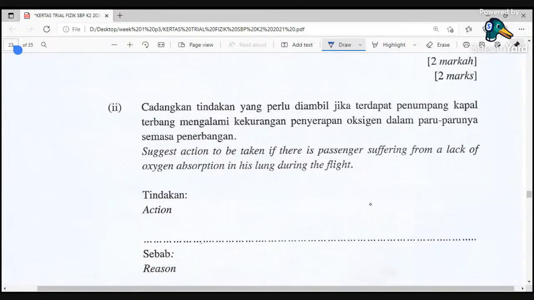Okay, so normally there is an oxygen mask placed somewhere near the seat of the passenger. So the passenger can use the oxygen mask.